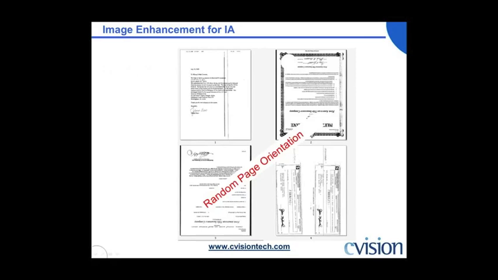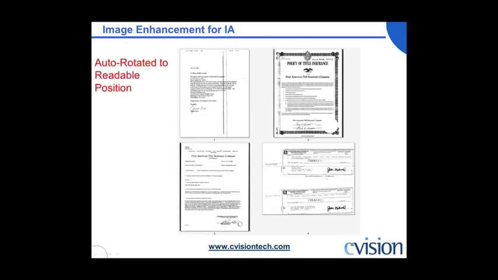Again, you start with documents in different orientations. Often, when you put it together and disseminate it, you want it rotated to readable and searchable. Among the many features we support, which include deskew, auto-rotate to readable, binarization, despeckle, and lots of others, we're just showing you auto-rotate here.